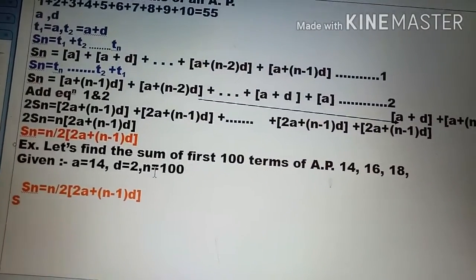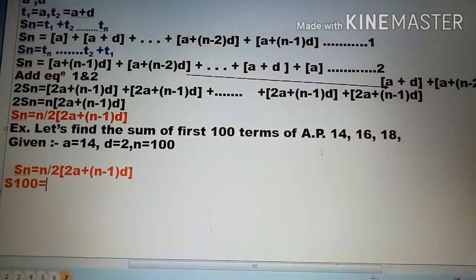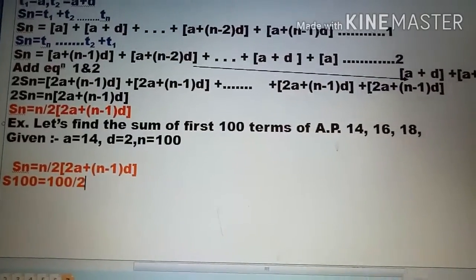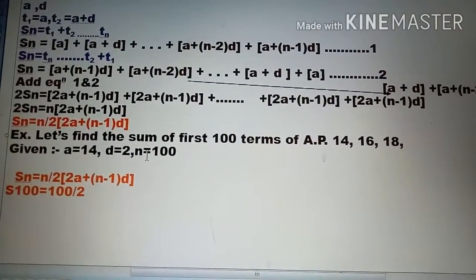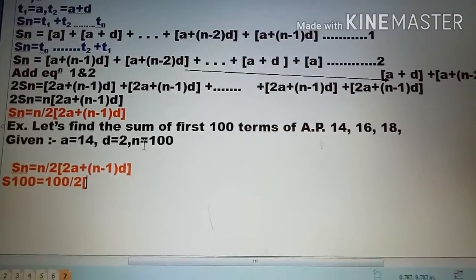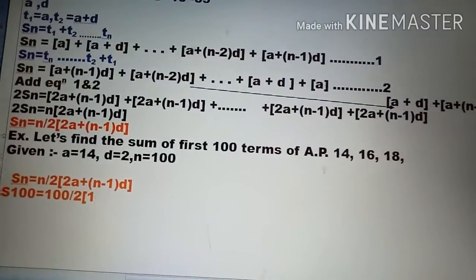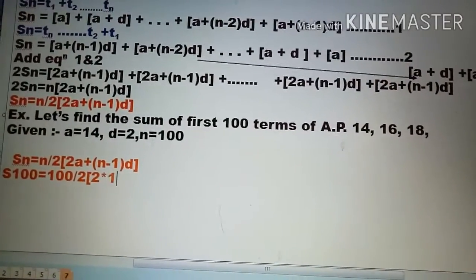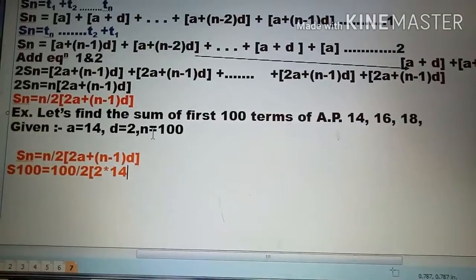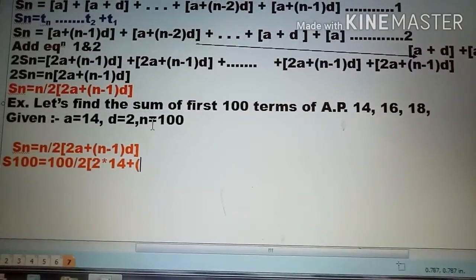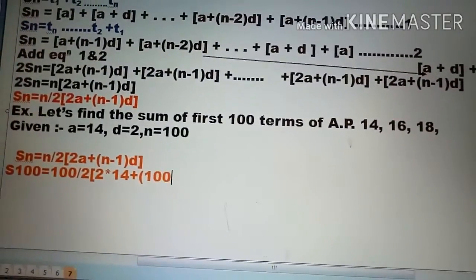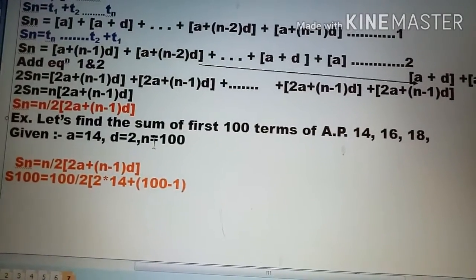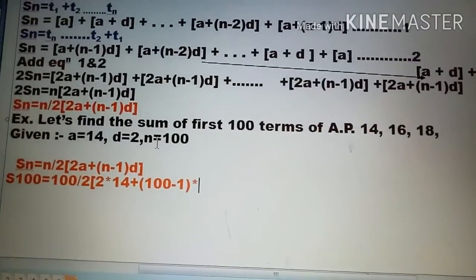So S100 is equal to 100 upon 2 in bracket 2 into a, which is 14, plus n minus 1, that is 100 minus 1, into d, which is 2.